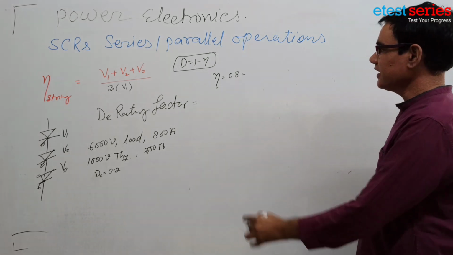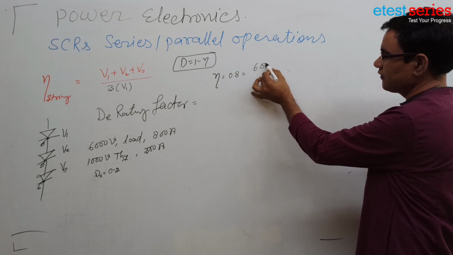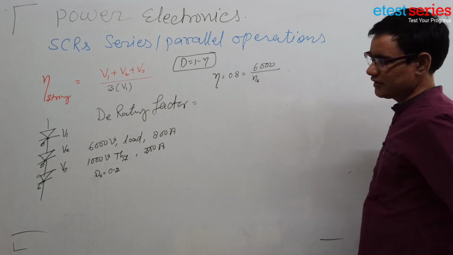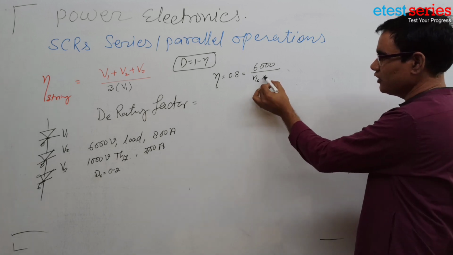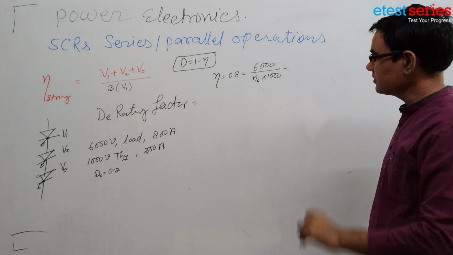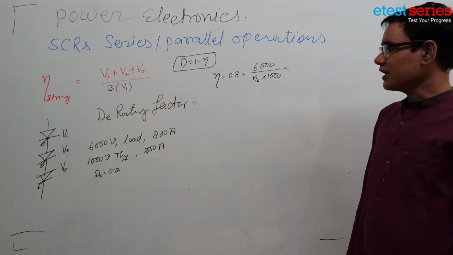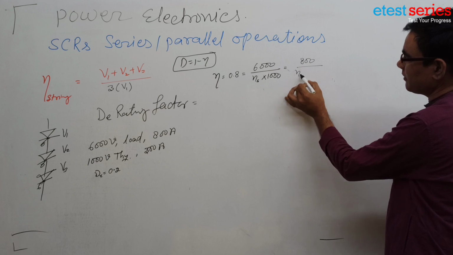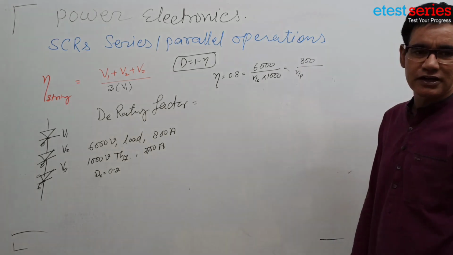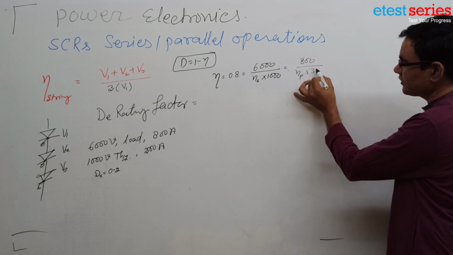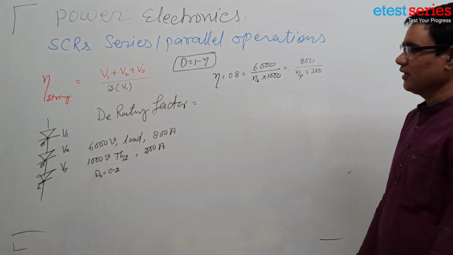The actual voltage rating, 6000, divided by n series SCRs times the voltage rating of an individual, 1000, is equal to the actual current rating, 800, divided by n parallel SCRs times the current rating of an individual, 300.